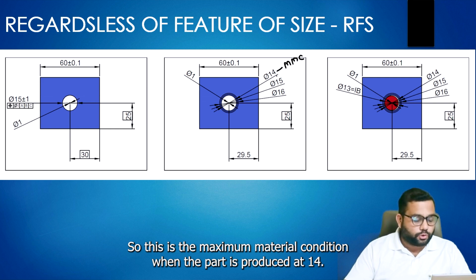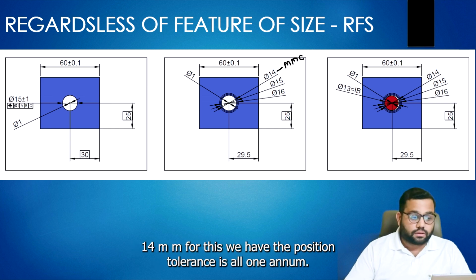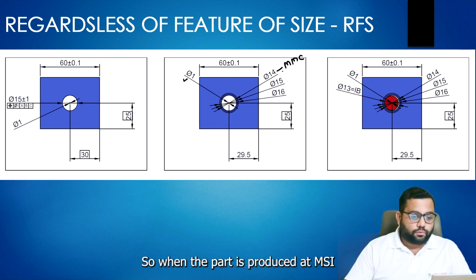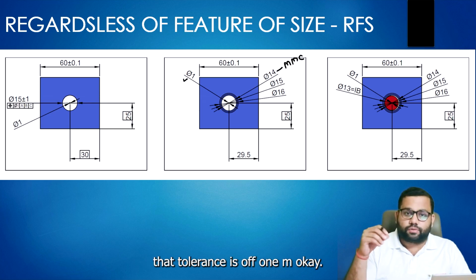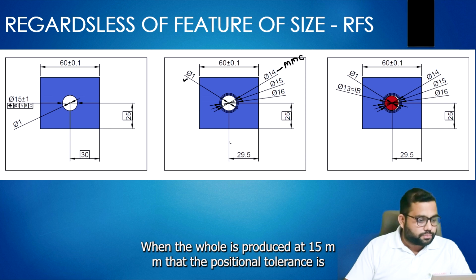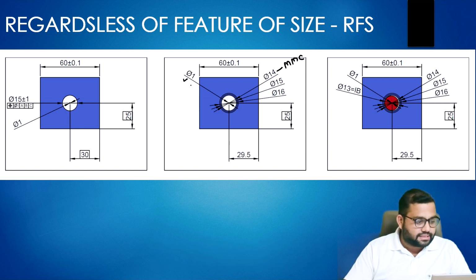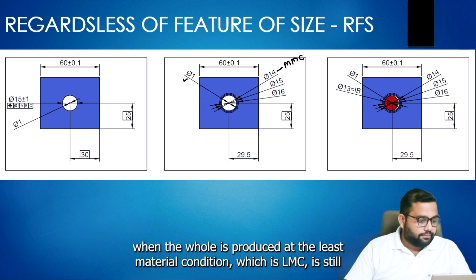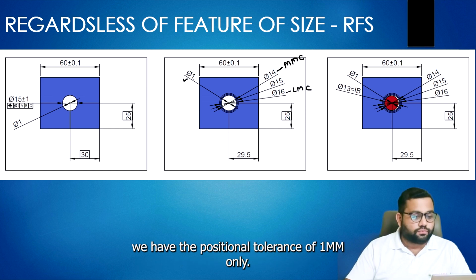For this, the positional tolerance is 1 mm. When the hole is produced at 15 mm, the positional tolerance is still 1 mm. When the hole is produced at the least material condition, which is LMC, we still have a positional tolerance of 1 mm only.